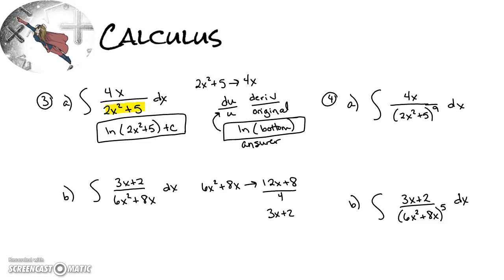So we basically have du over u happening in part B, but I need to multiply the top by 4 so that it would exactly equal 12x plus 8.